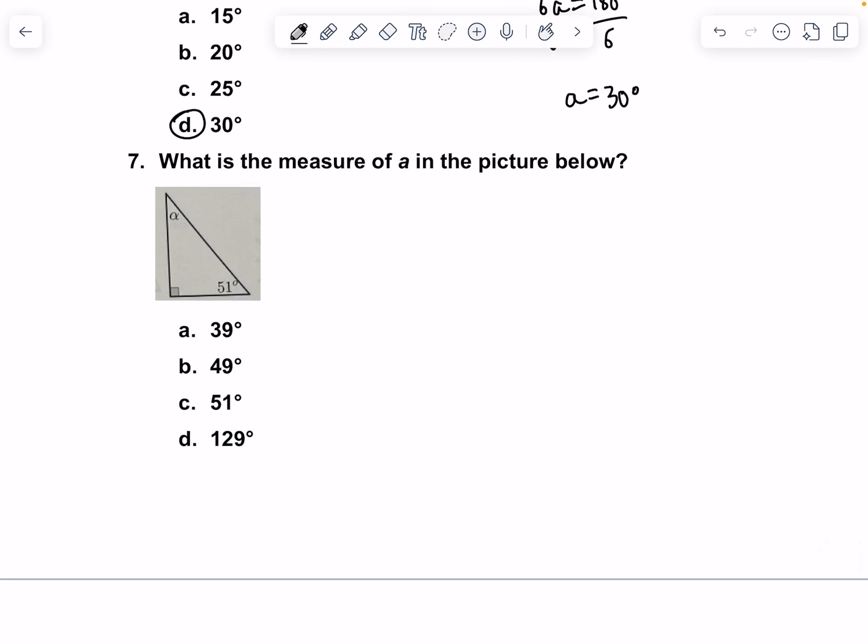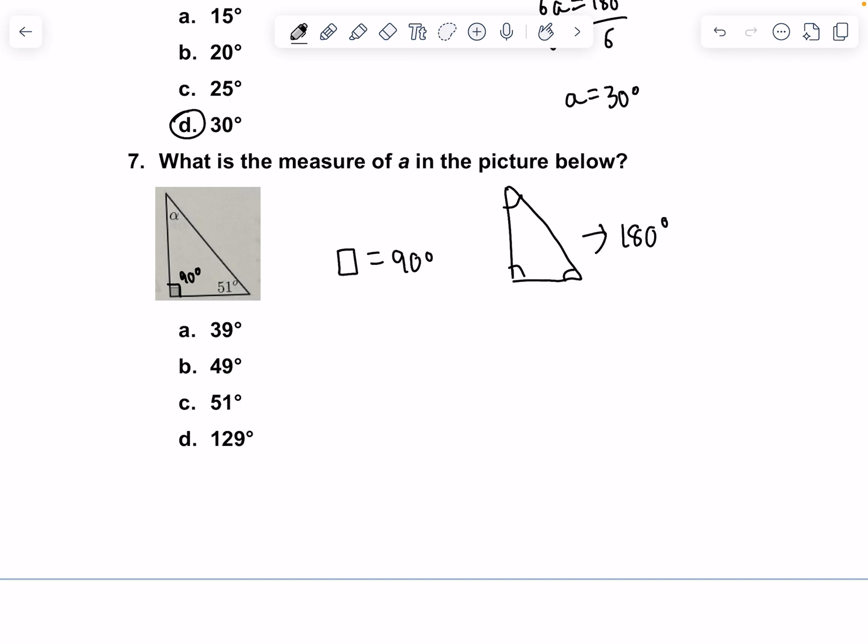Number 7 says, what is the measure of A in the picture below? This box right here is what we call a right angle. Right angles are always 90 degrees, so you could just label this 90 degrees. We know in a triangle, all three angles have to add up to 180 degrees.